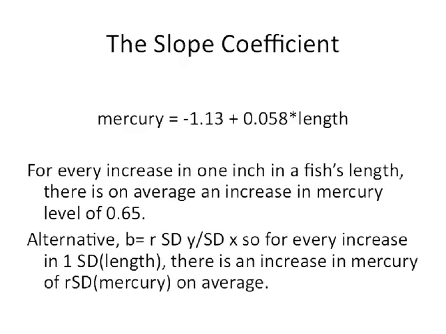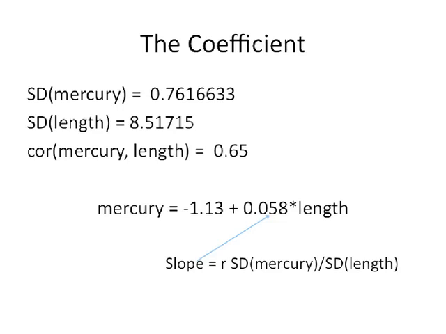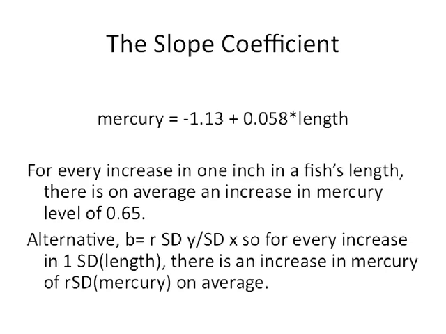Okay, so what does a 0.058 mean? The reason I was asking about the units is that I have this in terms of inches, but I think centimeters makes more sense. For every increase of 1 centimeter in the fish's length, there is on average an increase in the mercury level of, how did I get that?